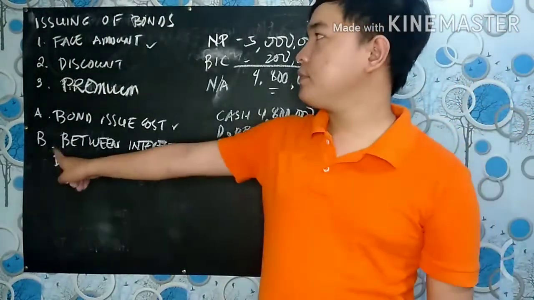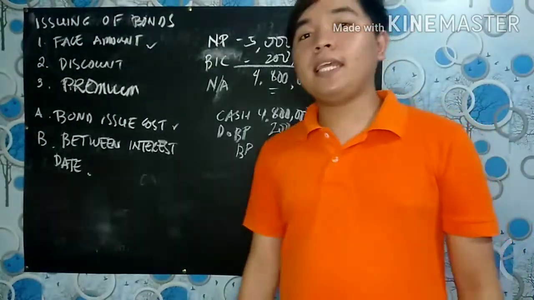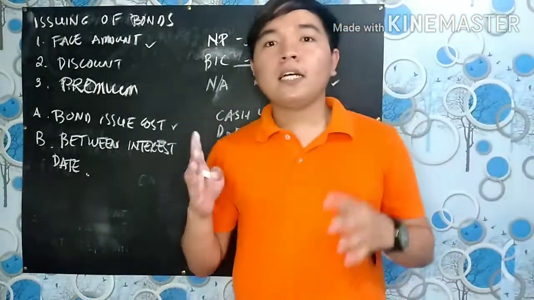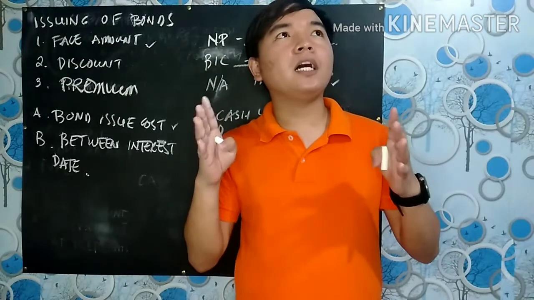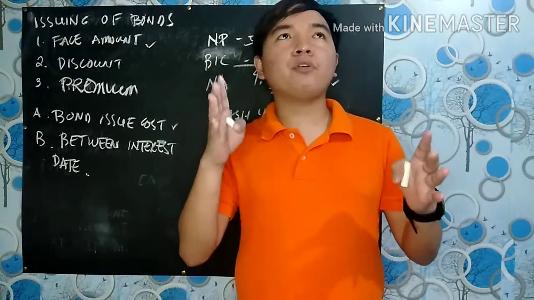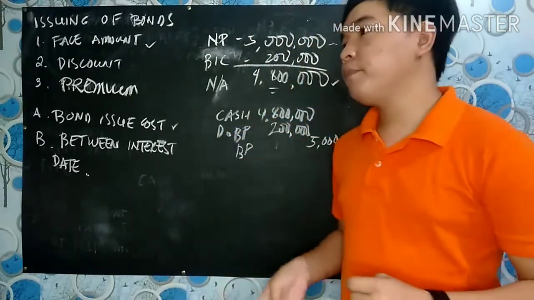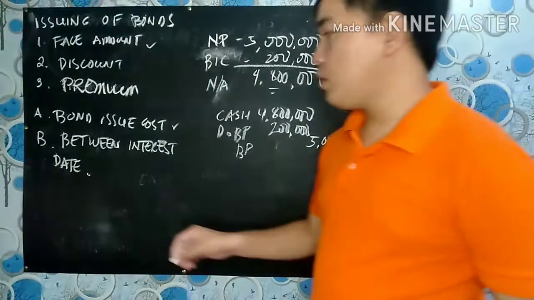Paano naman, at i-discount tayo, paano naman kung may between interest date? So, when we say between interest date, example nito, in-issue mo yung bonds, tapos yung payment ng interest is semi-annually. So, let's say, January 1 and July 1.